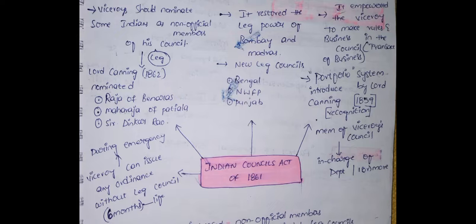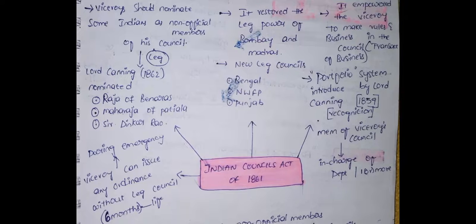The legislative council needed some Indians because they needed Indians' cooperation. So Lord Canning, in 1862, nominated three members from India: the Raja of Benares, the Maharaja of Patiala, and Sir Dinkar Rao.